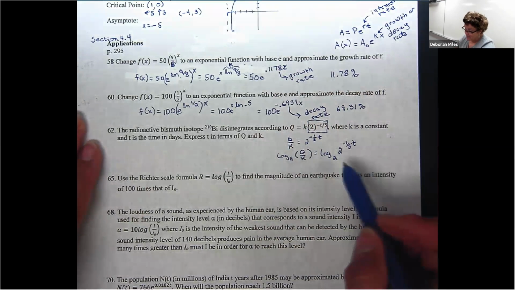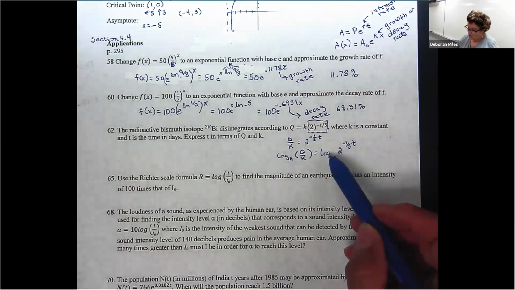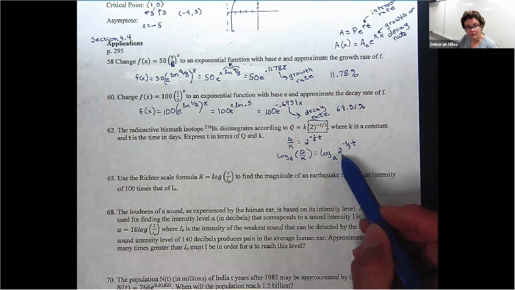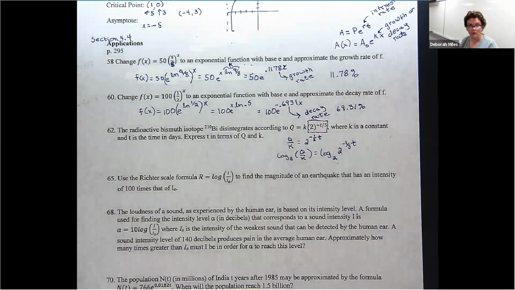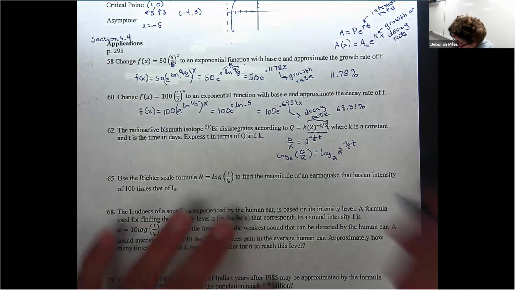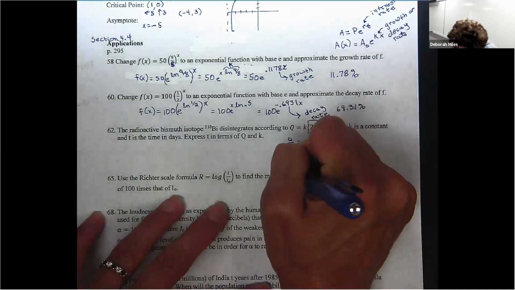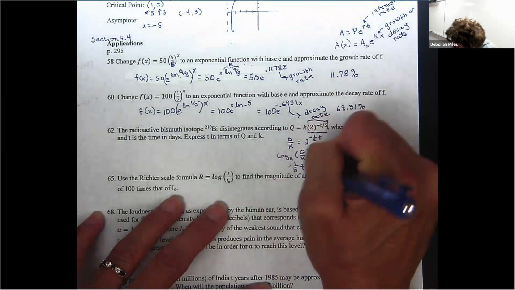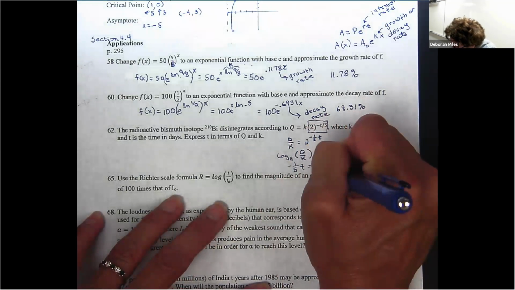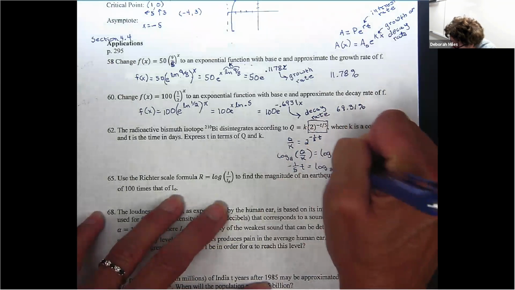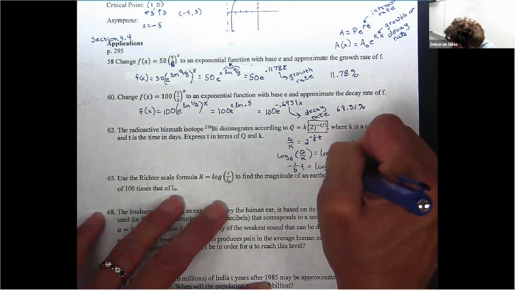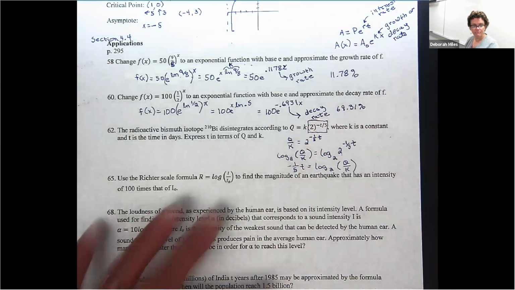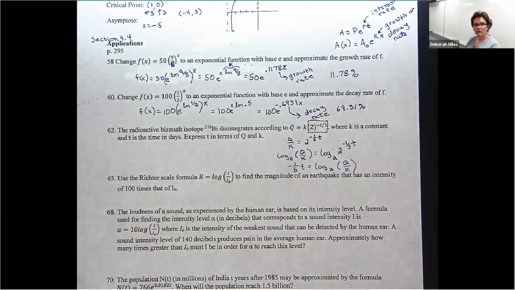And then on the right-hand side, log base 2 of 2 to a power, they undo each other and just leave you the power. So I have negative 1/5 t equals log base 2 of q over k. What's the only thing I have to do to have the t by itself?